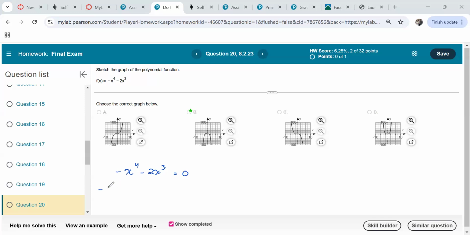So if I factor this, I could factor this into a negative x cubed, and then I just have x minus 2, which means my two zeros are either x is equal to 0 out here, or an x minus 2 is equal to 0. So the zeros I have for this polynomial are going to be at 0 and at +2.